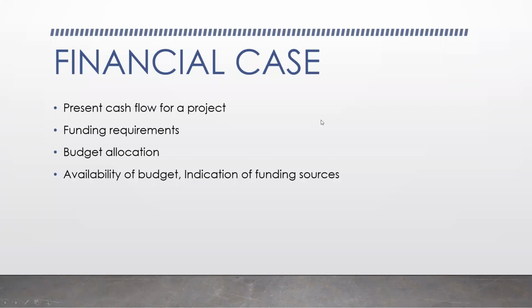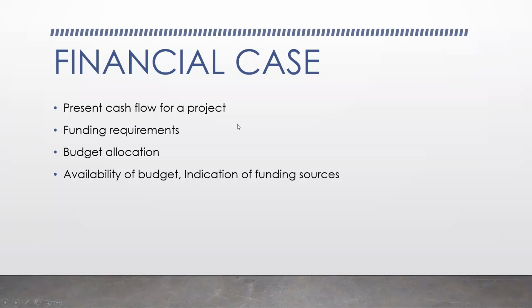Financial case. Now you're trying to say what is the present cash flow going to be for the project? What are the funding requirements going to be? Are you going to get the money all at once? Is the money going to come to you in phases? Is there a budget allocation? Is the budget even available? How are you going to get funded?